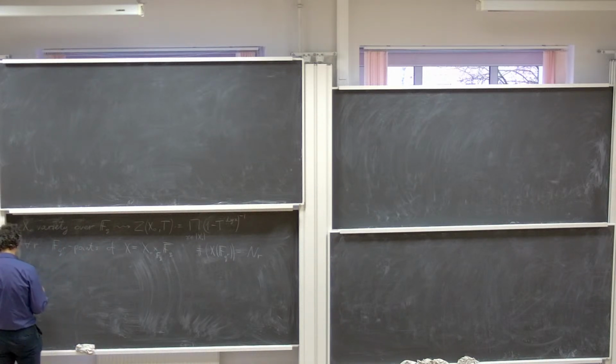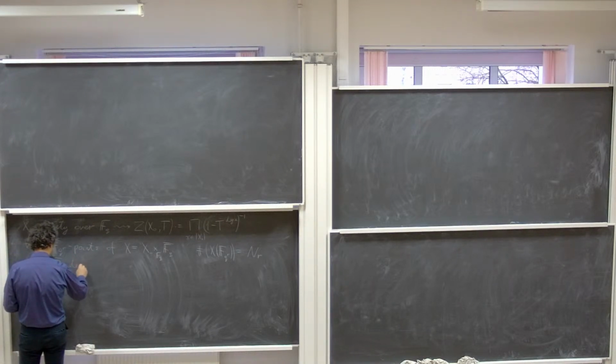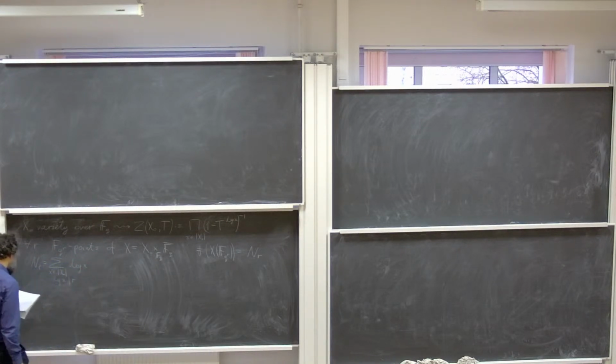And now this n_r is the sum over all x in the closed points whose degree divides r, and you just sum up the degrees of x.